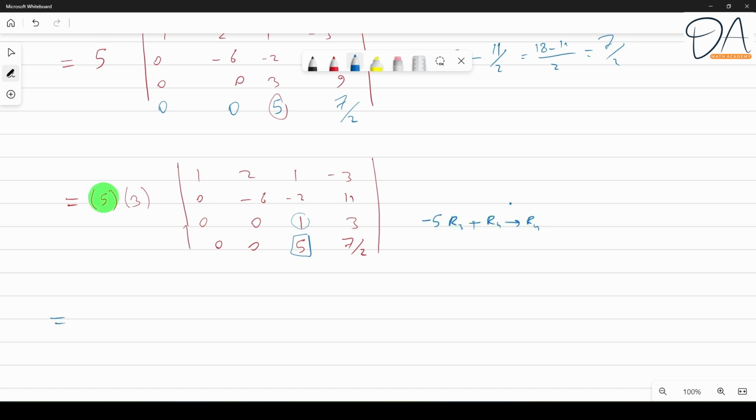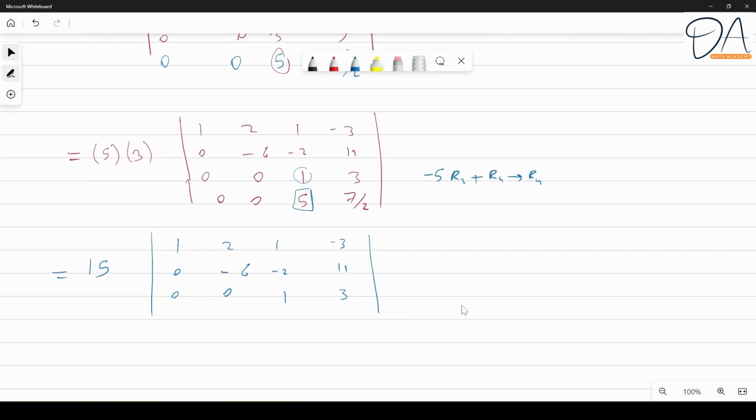So 5 times 3 is 15. So we have the first row as is, second row as is, and the third row also as is. Now the last one we need to calculate.